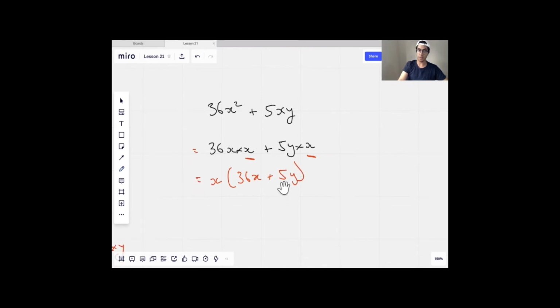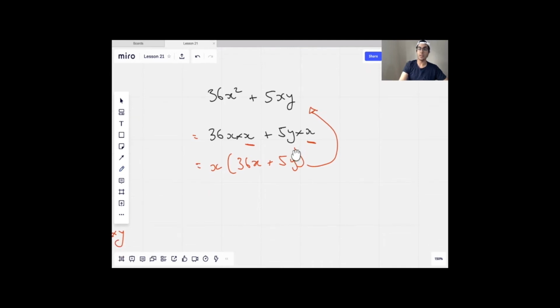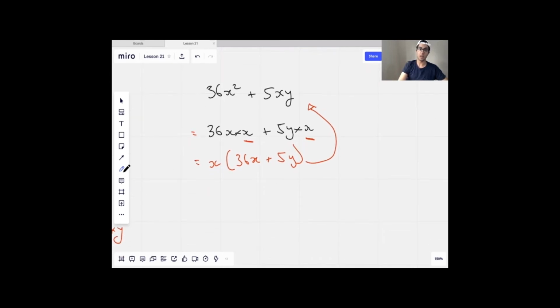And if we multiply this out, we'll go from here back to here. So the way you factorize, you look at the terms you have and think, what's common in this and in this? With the variables, it's fairly easy. You'll see there's two x's here and one x here, so they both have one x in common, so we can take the x out.